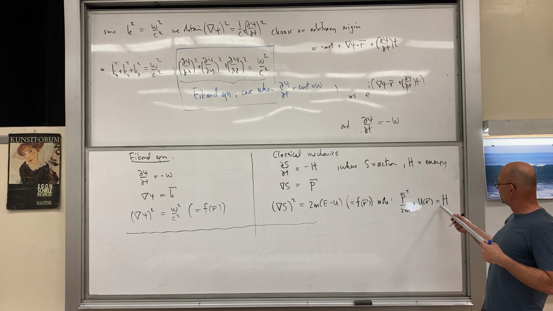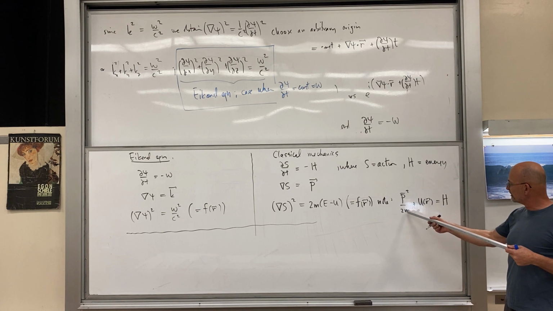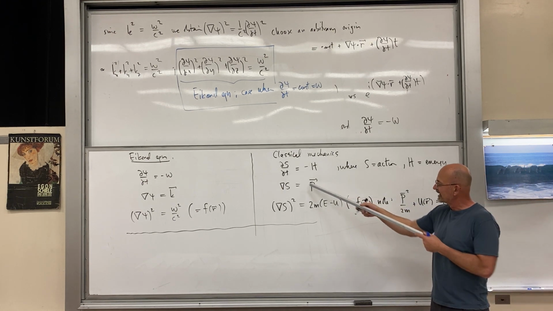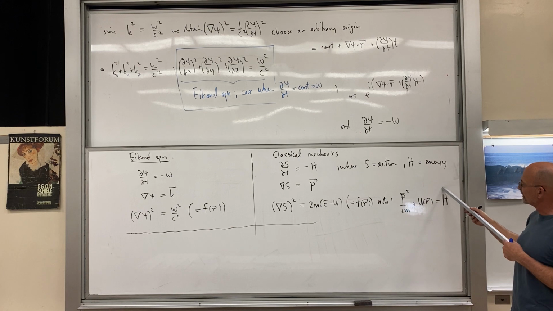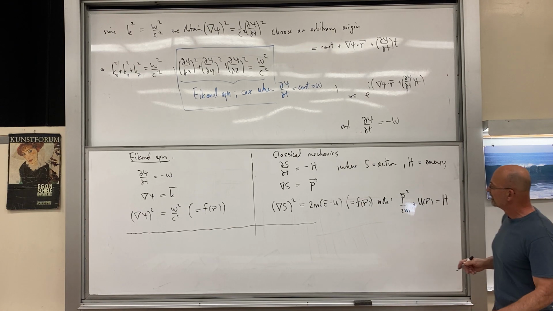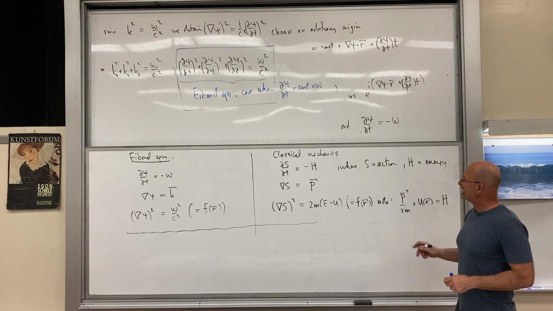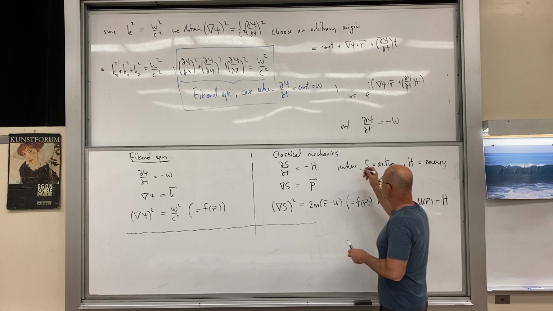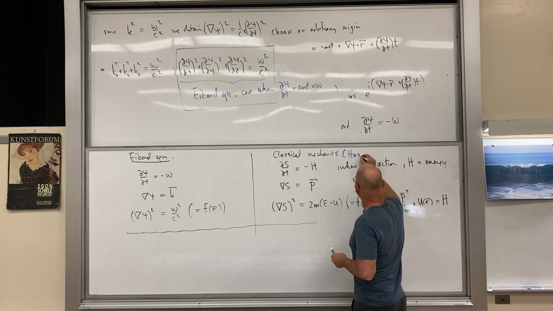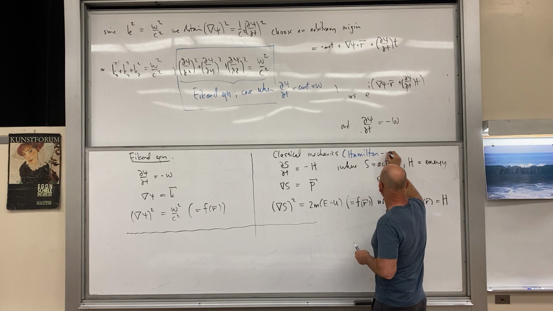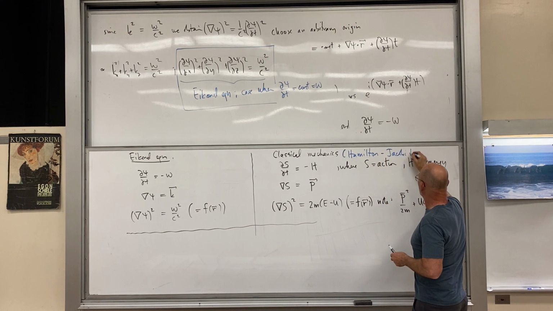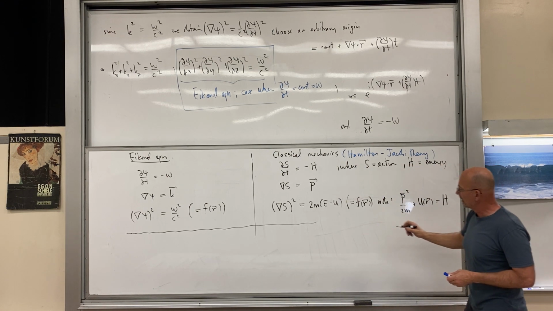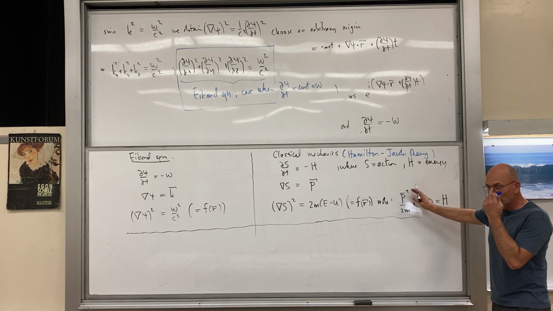Bring the H over, bring the U over to multiply by 2m, and then make that substitution, gradient S is equal to P. So this is just the classical Hamiltonian. This appears from Hamilton-Jacobi theory. But Hamiltonians may be more familiar.